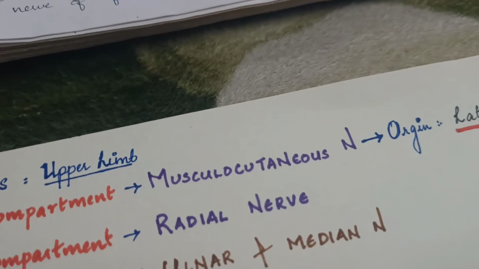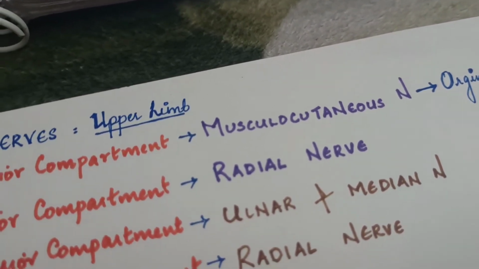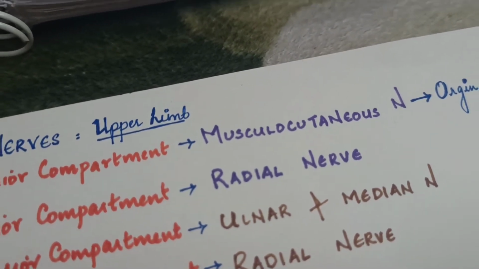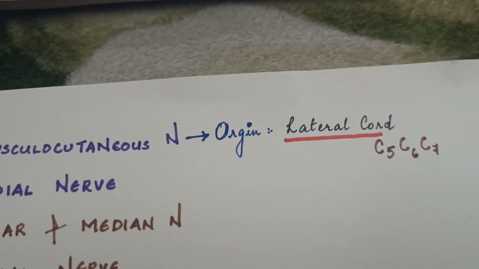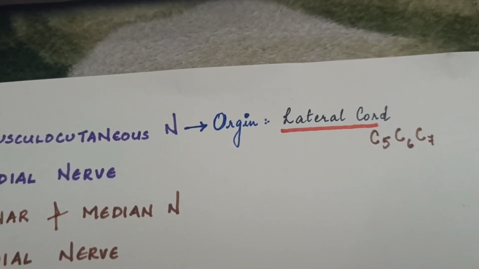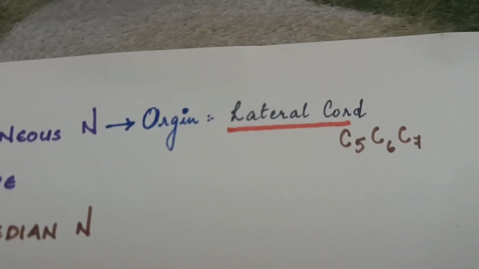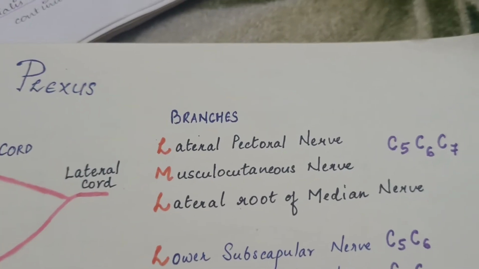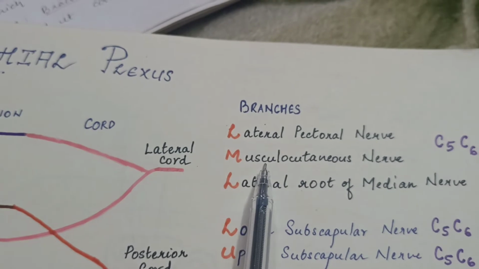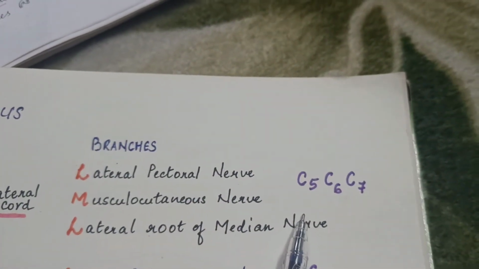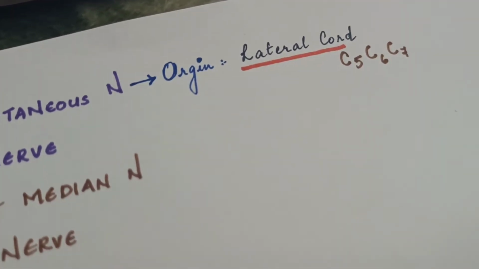In section A, we discussed every root value and which cord each nerve originates from. So the musculocutaneous nerve originates from the lateral cord, and the root values are C5, C6 and C7. This we already discussed. This musculocutaneous nerve is also supplying some muscles.